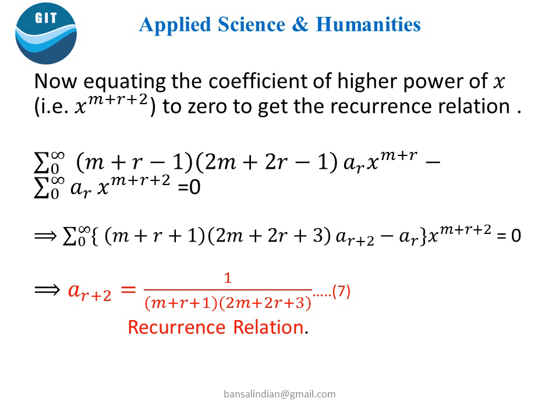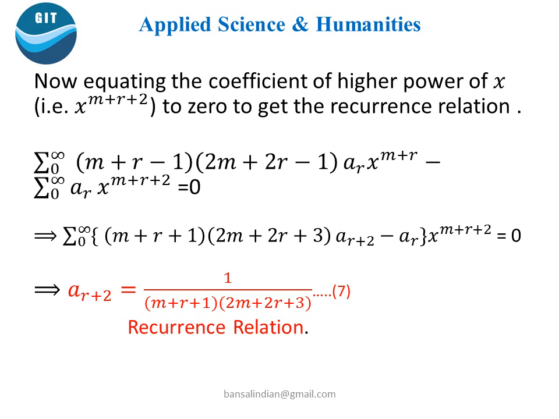Now on equating the coefficient of higher powers of x, that is x to the power m + r + 2, to 0, we will get the recurrence relation, which is summation r equals 0 to infinity (m + r - 1)(2m + 2r - 1) a_r x^(m+r) minus summation r equals 0 to infinity a_r x^(m+r+2) equals 0.